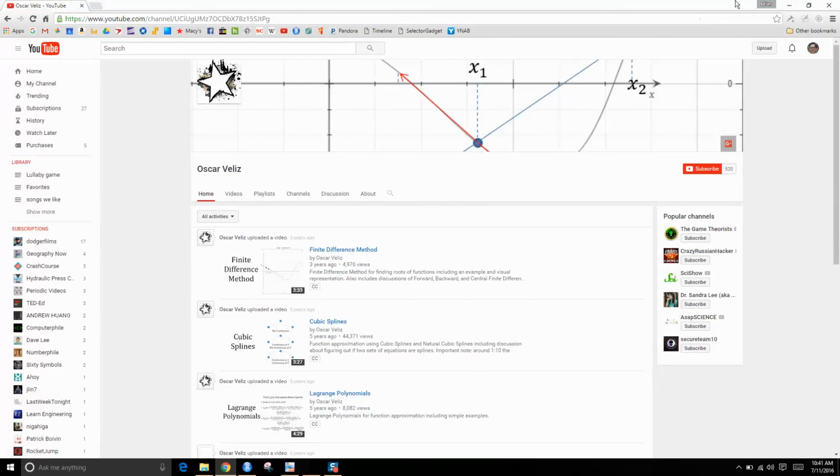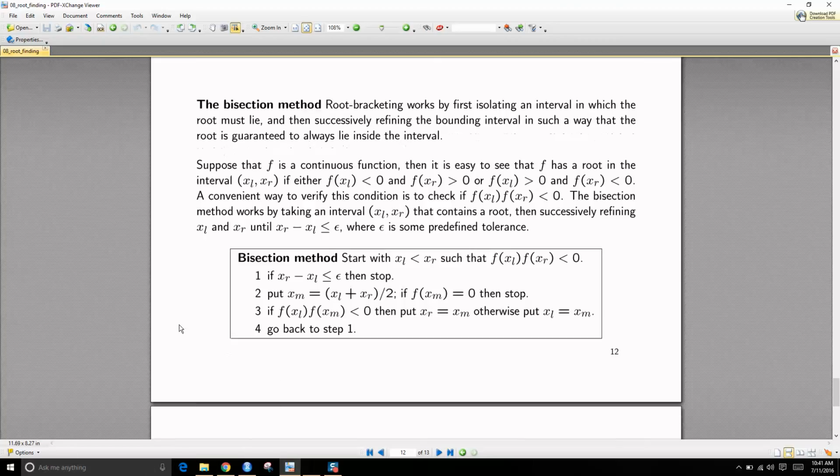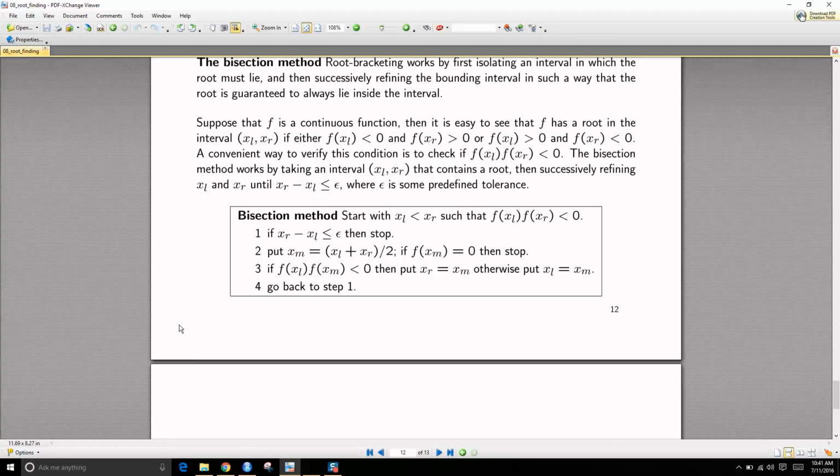Basically, for the bisection method, you just know that the function crosses the line 0 within some interval. Because you calculate the function at the endpoints, and if you get a negative value on one side and a positive value on the other side, you know that the function has to cross the line 0, if it's a continuous function.